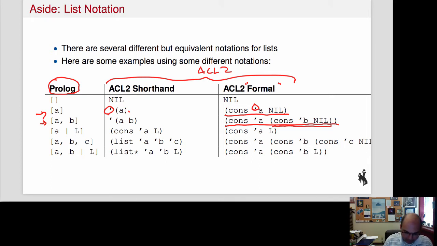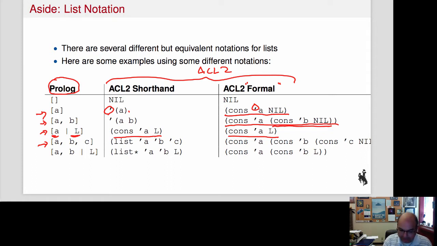Okay, this is the notation in Prolog when you have an element followed by a list. Okay, and the way we do that in ACL2 is actually with cons. That really is the formal notation, right? Cons is just a way of putting an element in front of a list. In Prolog, we have here three elements, A, B, and C. We can do that in ACL2 using the list function.